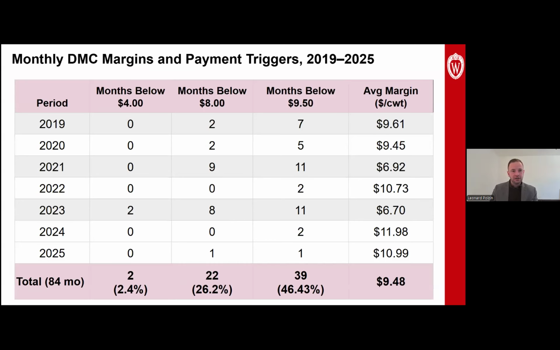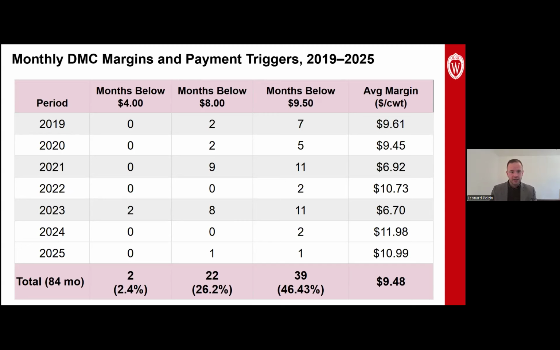All right, now when we take a look at performance, I just went back to the beginning of the program here and said, hey, how many times were payments triggered below $4, below $8, and below $9.50? So why $4? Why did I choose that? Because that's the catastrophic coverage level. So even if you don't select anything, you just go into FSA, you pay your $100 administrative fee, you can sign up for that $4 coverage and be covered for that catastrophic event, right?